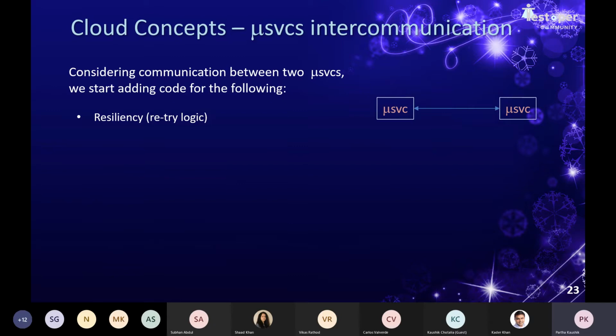If you try to talk to a microservice and it is down for the moment, you need some retry logic. You also need traffic management. A microservice may be set up to receive so many calls per second, so there must be a throttling mechanism to manage the traffic.